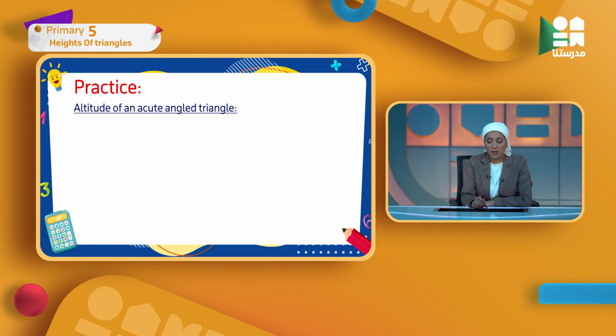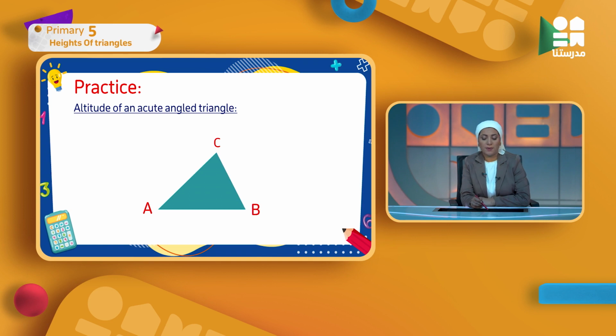Now let's move to another one. It's also an acute angle triangle, but this time I will drop the altitude from a different vertex. This time I want to drop it from vertex A. So I put the set square on the base CB.